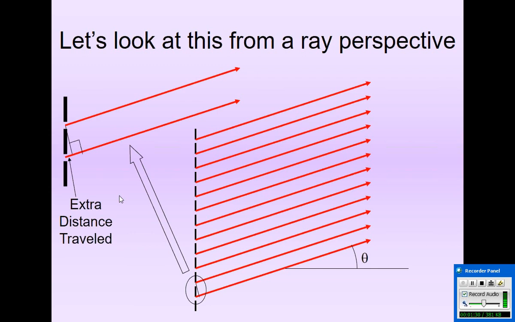And that sounds complicated. Fortunately, the formula isn't too bad, because the formula relies on an idea that we've seen before, path length difference. And the path length difference, if we are at some angle theta, is once again, just like with the double slit experiment, going to go as d sine theta.